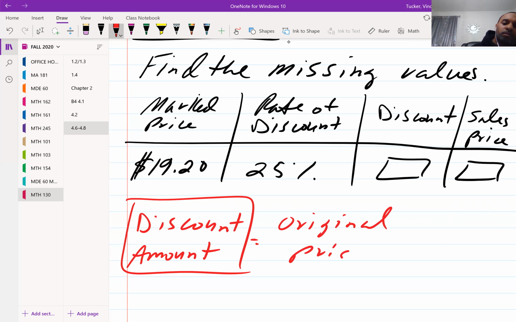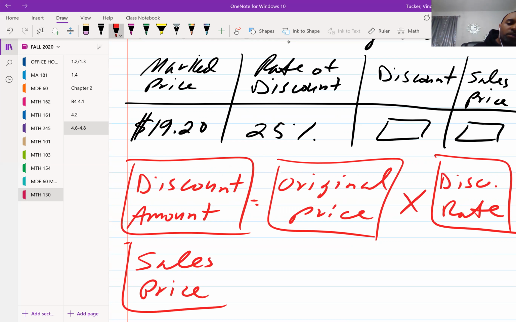And sales price is going to be original price minus discount.